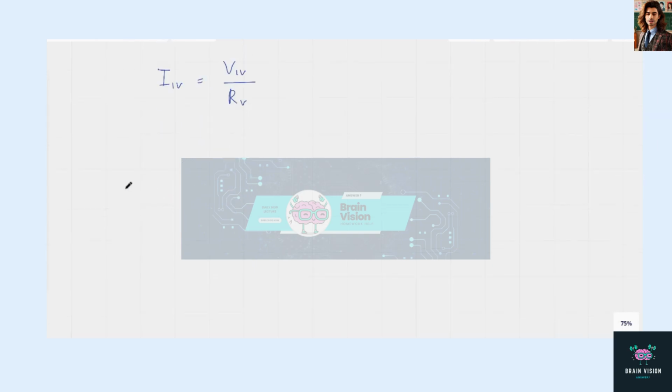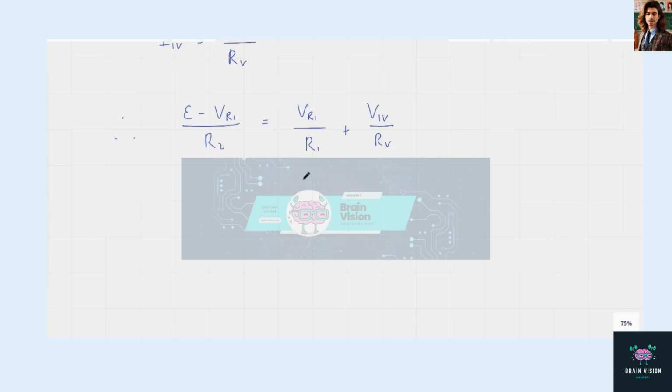So from here we can see that epsilon minus VR1 over R2 is equal to VR1 over R1 plus V1V over RV.